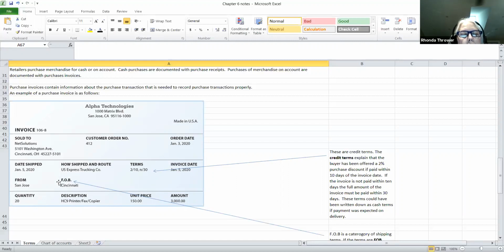There are going to be shipping terms when we have bought merchandise from a supplier that's in a different location than we are. So it's important to pay attention to the shipping terms because they tell us what we need to write down in our transactions.